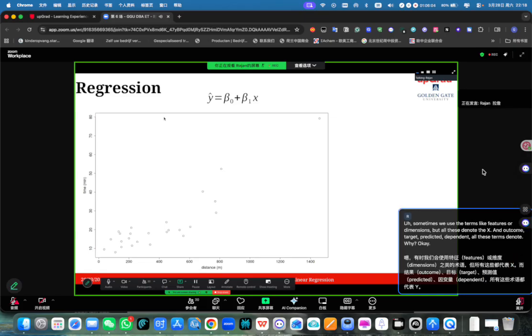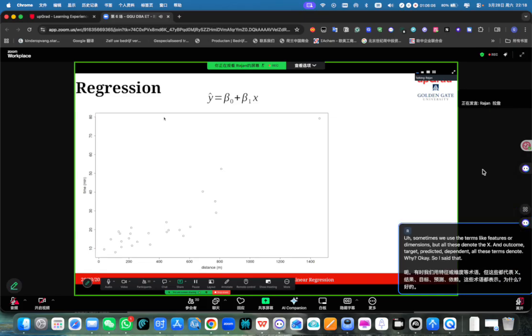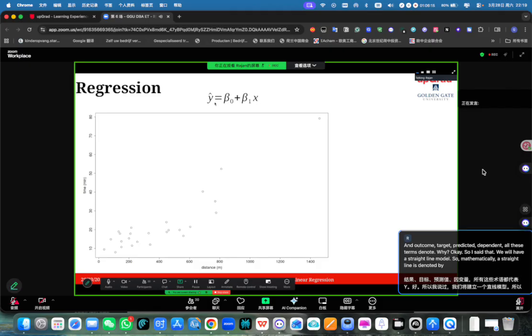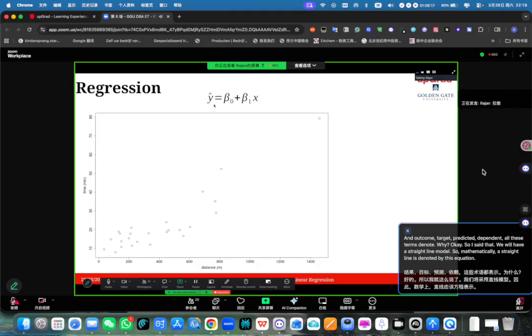I said we will have a straight line model. Mathematically, a straight line is denoted by this equation. You are probably familiar with this equation in a different notation, y is equal to mx plus c.